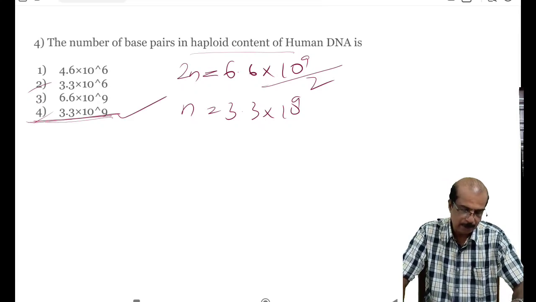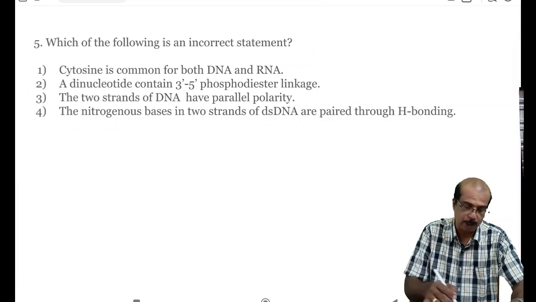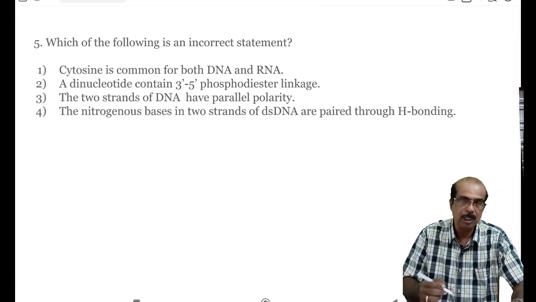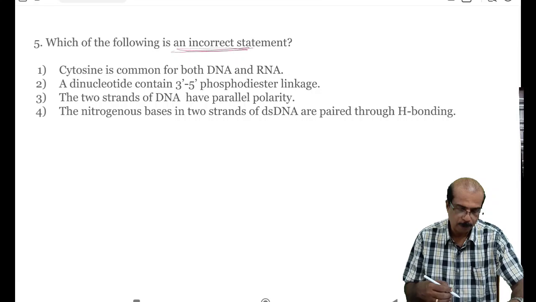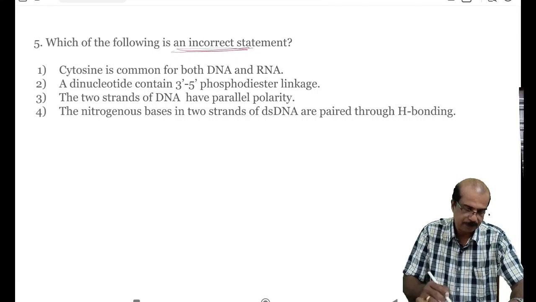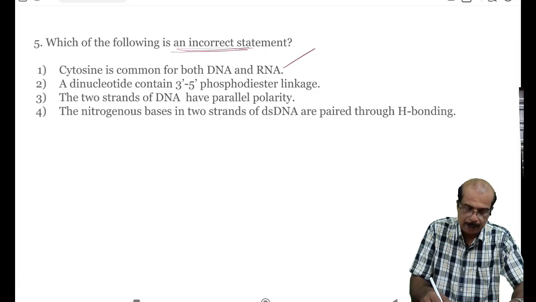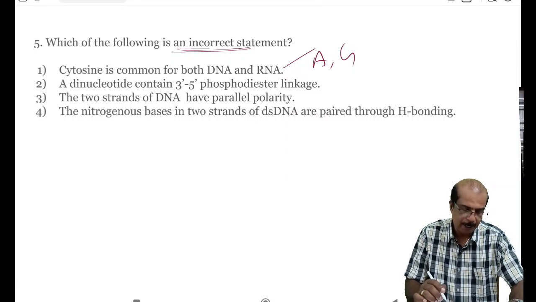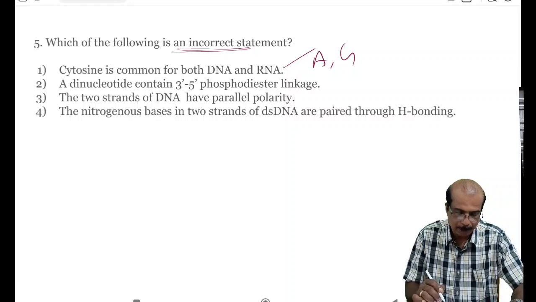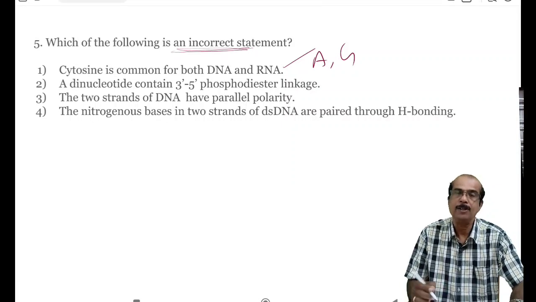Moving to next question, which of the following is an incorrect statement? You have to select incorrect statement from the options. First one, cytosine is common for both DNA and RNA. It is a correct statement. In addition to cytosine, adenine, guanine are common for both DNA and RNA. A dinucleotide contains 3'5' phosphodiester linkage.